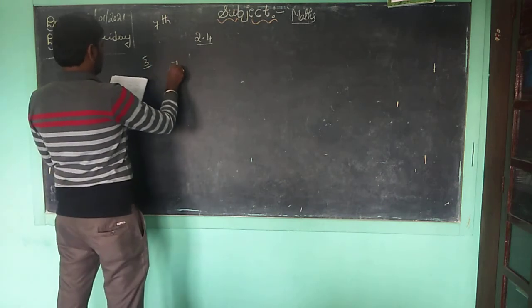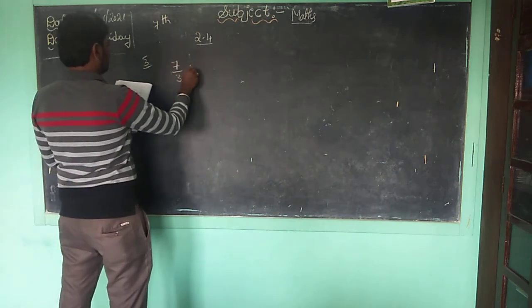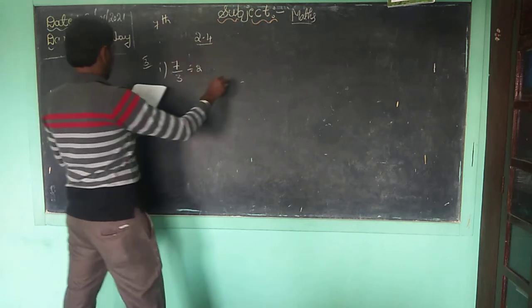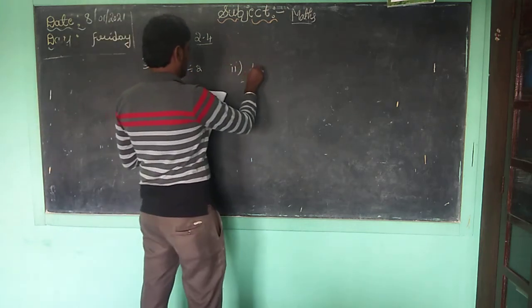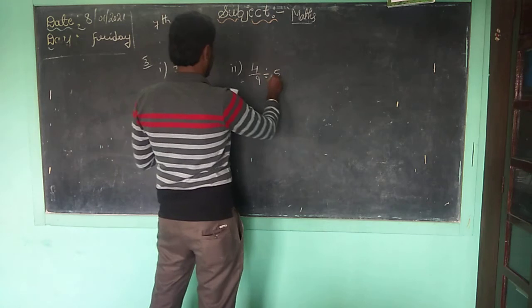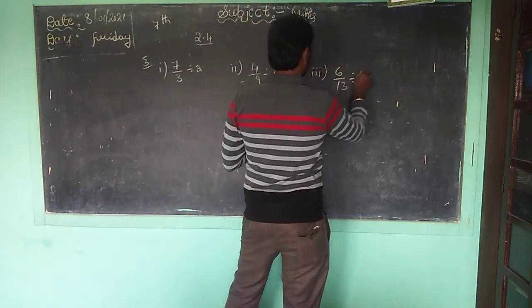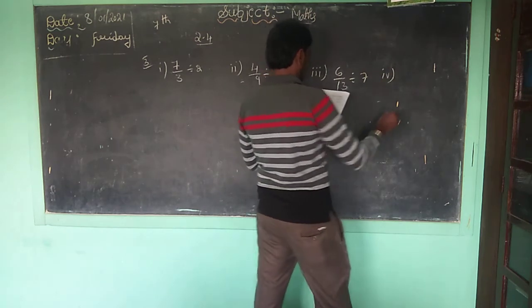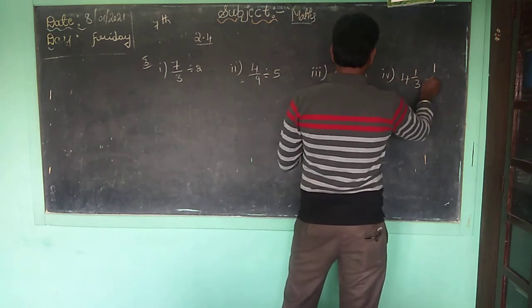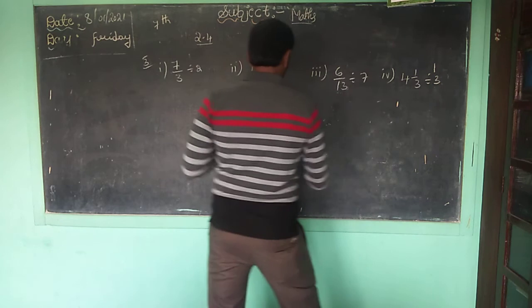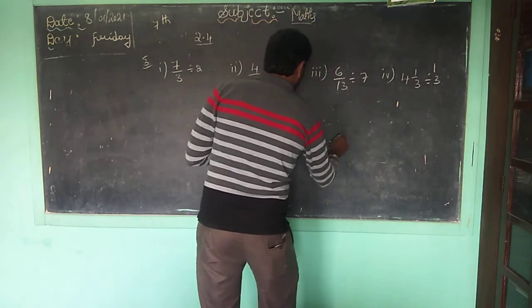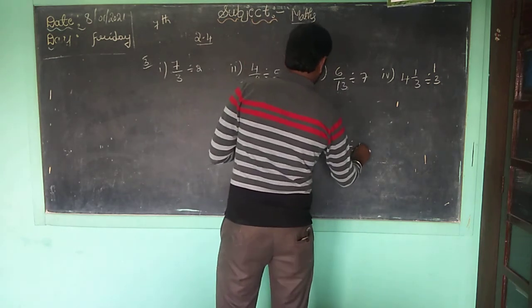First, find this one also: 7 by 3 divided by 2, and 4 by 9 divided by 5, 6 by 13 divided by 7, and the fourth one is 4 1 by 3 divided by 3, and the fifth one is 3 1 by 2 divided by 4.